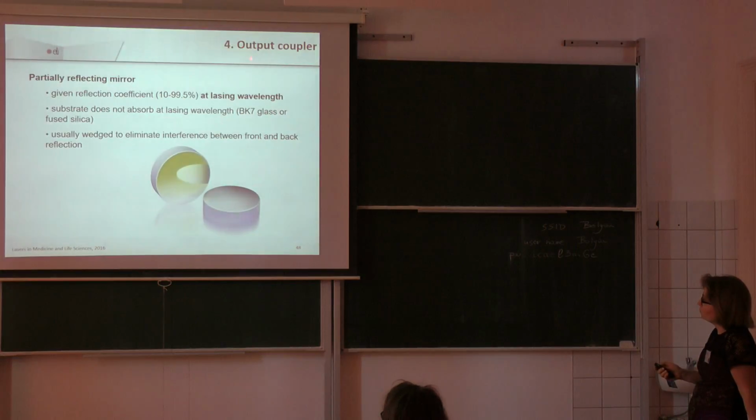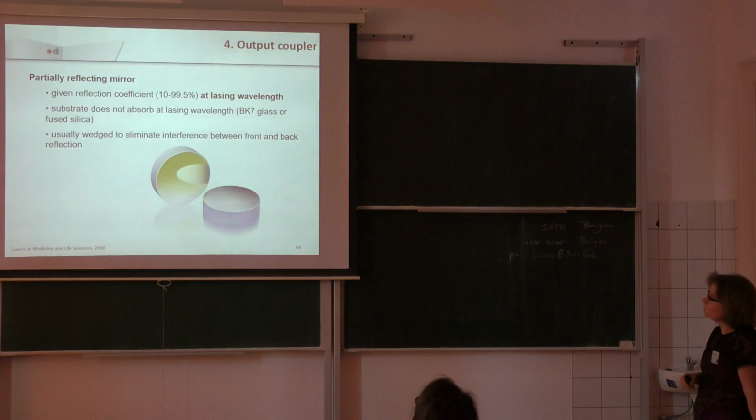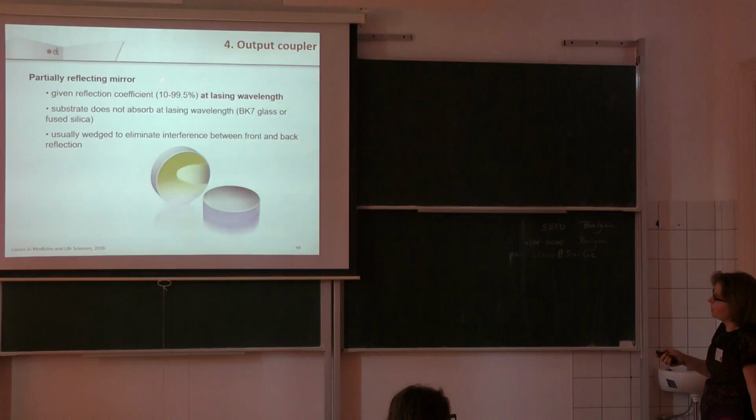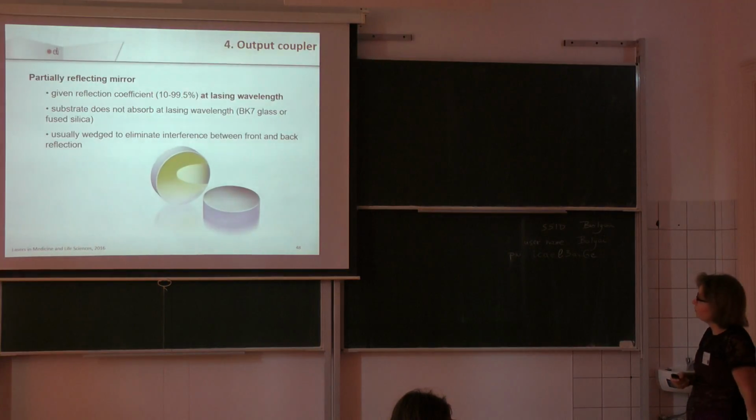As I said, one of the mirrors is not a perfect reflector. This is what we also call the output coupler. This is, in other words, a partially reflecting mirror. The reflection coefficient, depending on what type of laser it works for, is sometimes just a few tenths of percent, sometimes 99.5.